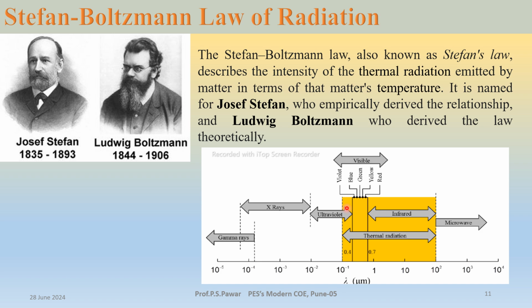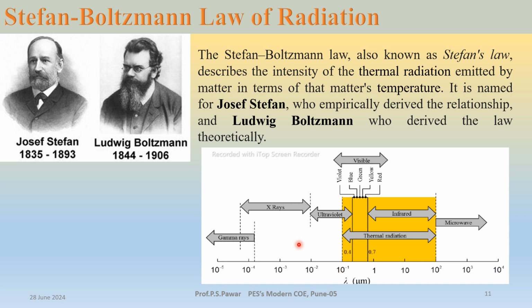Here we have the different wavelength values we can observe for the electromagnetic waves. For the microwave you can observe the value is 10 raised to 2 to 10 raised to 4. When the value lies between 0.1 to 100 micron, that particular wavelength is for thermal radiation, and in heat transfer we are interested only in this range.